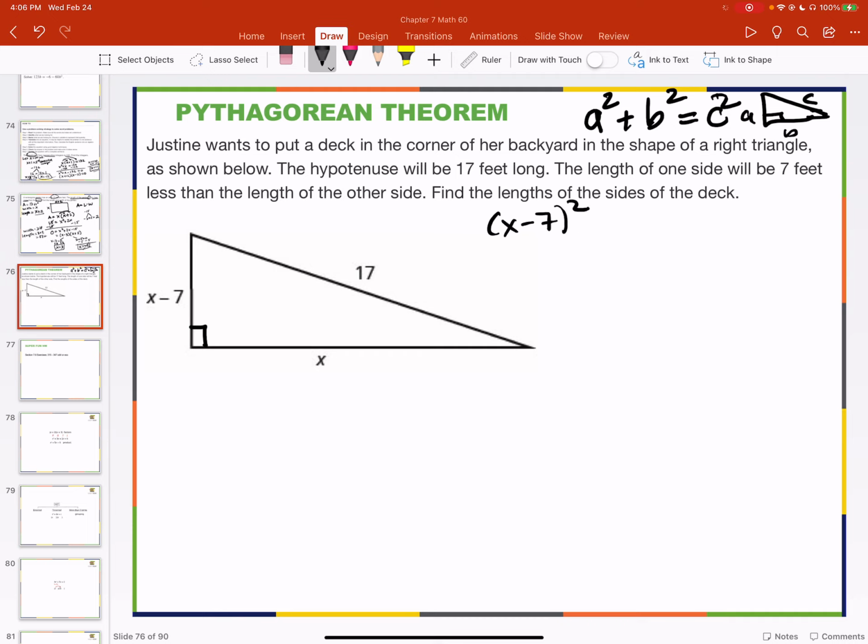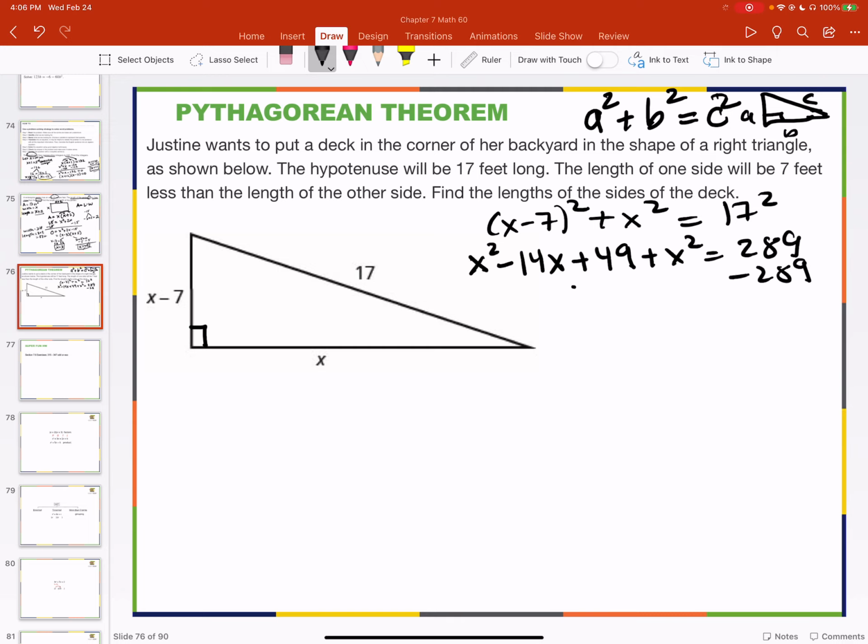So all we needed to do is just plug it into the Pythagorean theorem. (x minus 7) squared plus x squared is equal to 17 squared. So here we go, we need to multiply these out. (x minus 7) squared, remember that's a perfect square trinomial. So first term squared, minus twice the product, so 14x, plus the last term squared, 49, plus x squared is equal to 289. Okay, combining like terms and subtracting 289 from both sides, we obtain this.